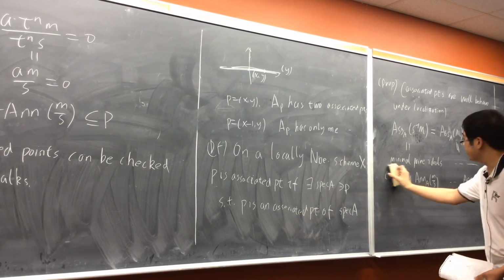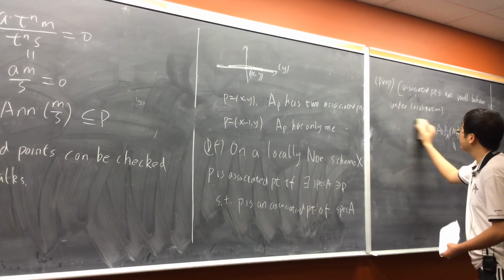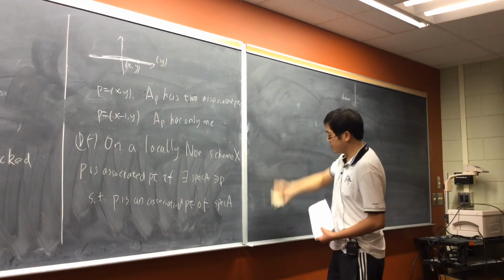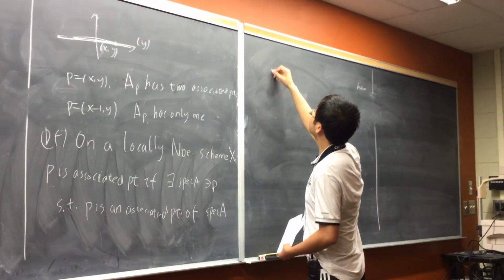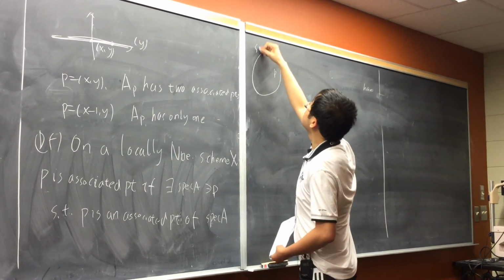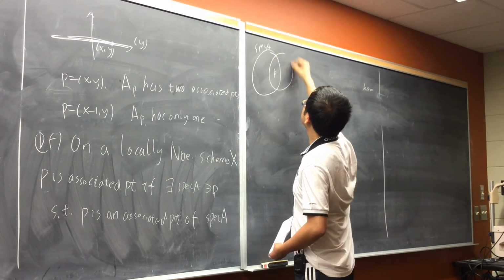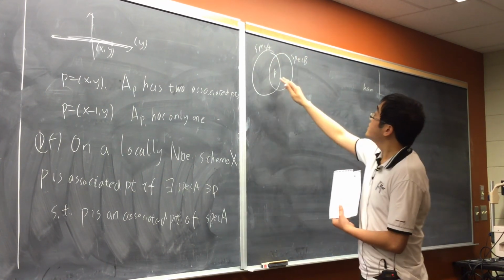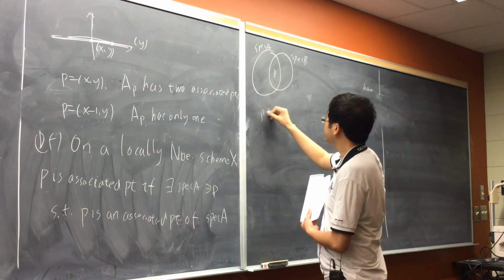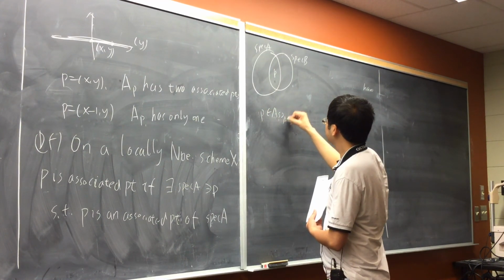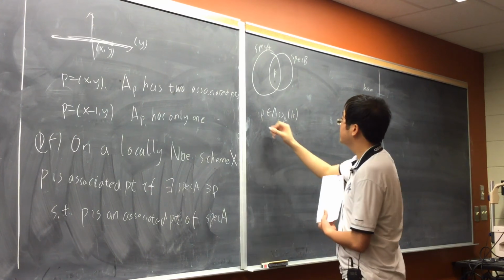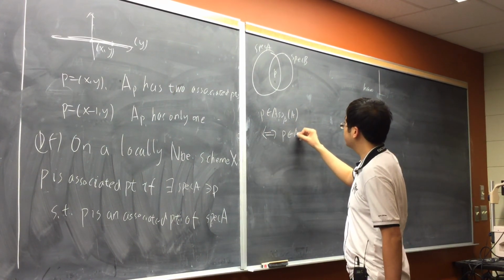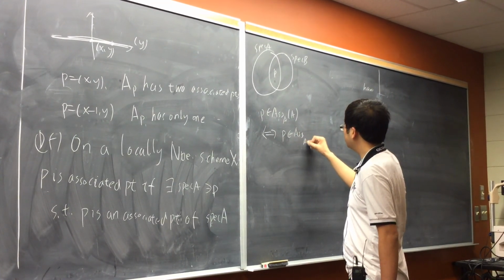So here you may ask, if there are two affine opens containing P, what will happen? If we have P here, and Spec A and Spec B, then P is an associated point of A if and only if P is an associated point in A_P.